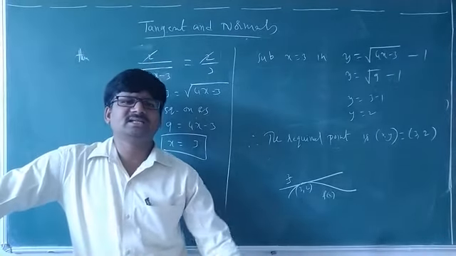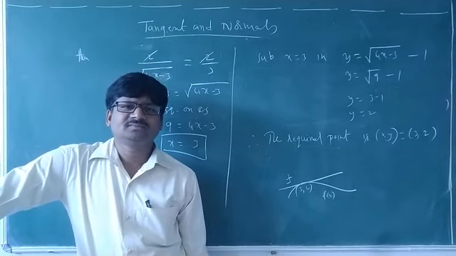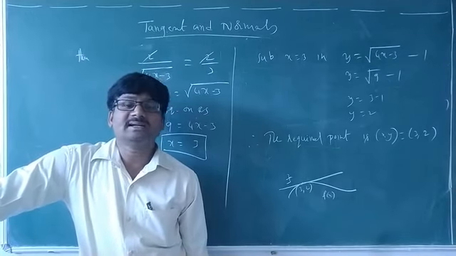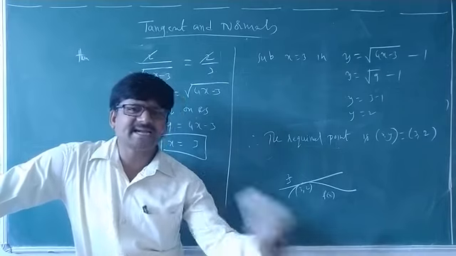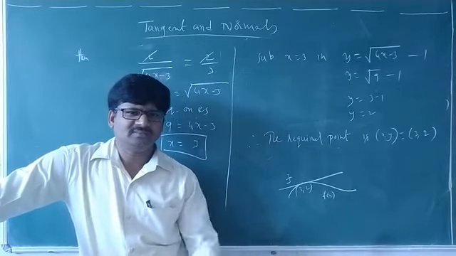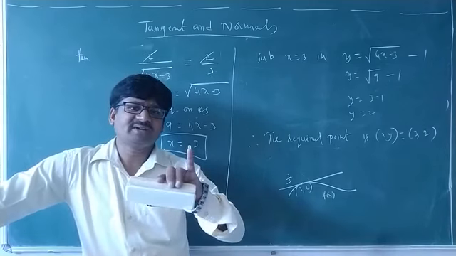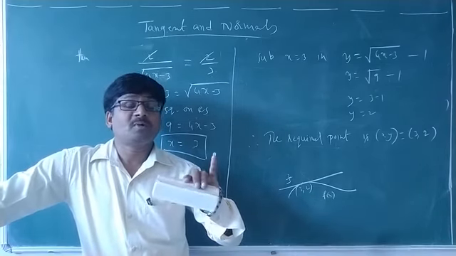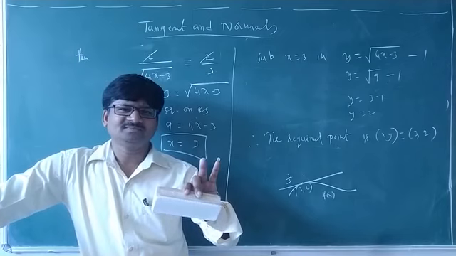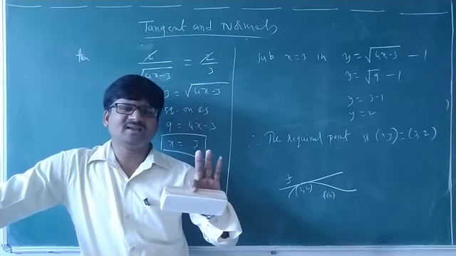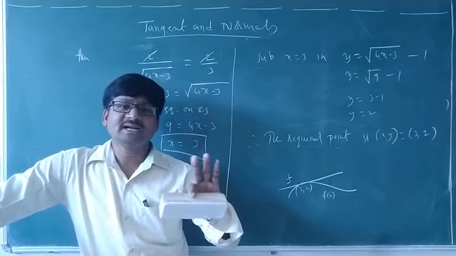So actually, from now onwards, what will be given? Which type of questions will be asked? Maybe the slope of the tangent at a point will be asked, or the equation of the tangent will be asked.